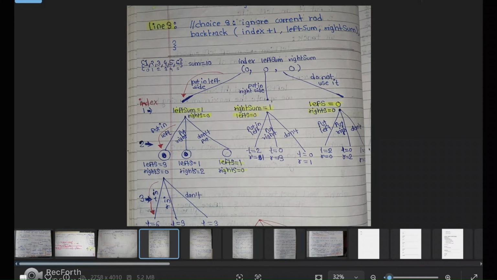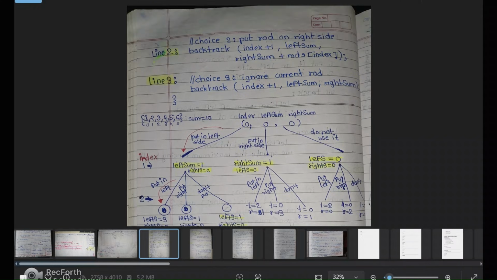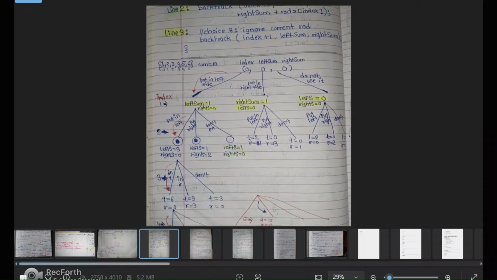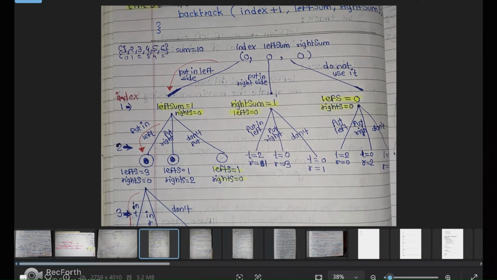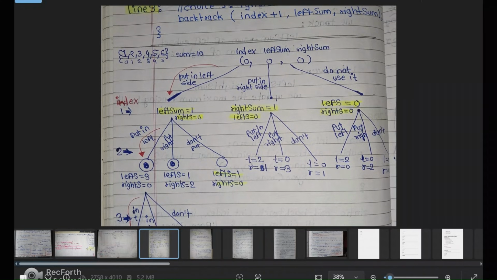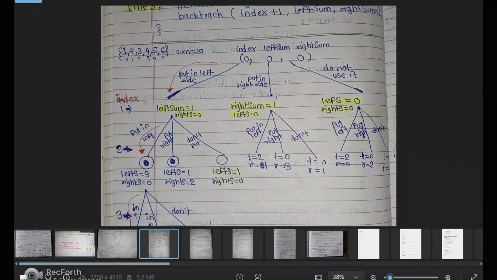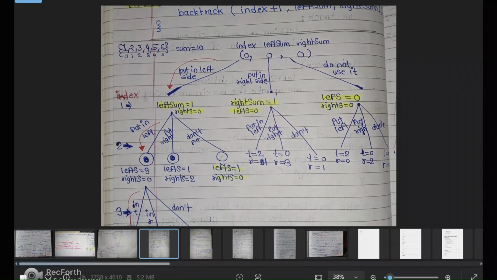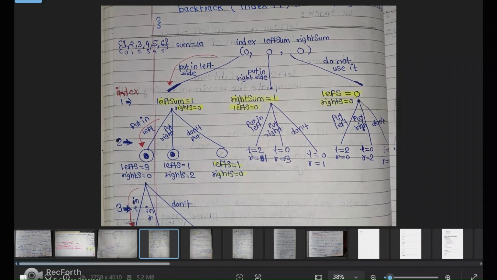First one is put into left side, second one is put into right side, and third one is do not use it. At each step we will be tracking two things, left sum and right sum. If we take 1 and put it into the left side, then left sum will become 1 and right sum will remain 0.